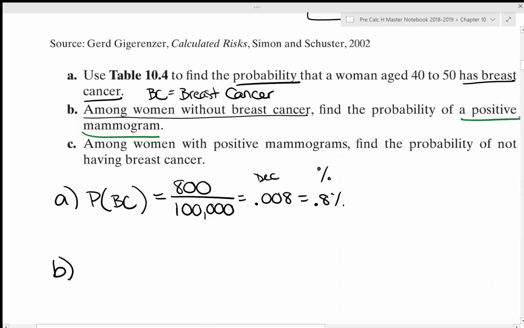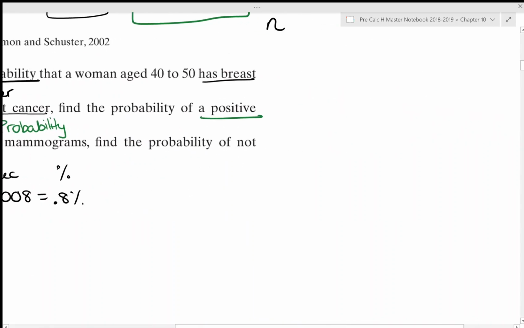If it's positive, that makes you worry that you might have breast cancer, but we could still have a positive one and then end up not having breast cancer. So this type of probability is a conditional probability. The reason it's called conditional is because we're not looking at the whole group of people. We're looking specifically at women without breast cancer from the study. So there's a condition there.